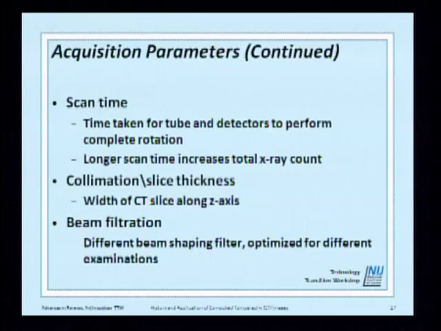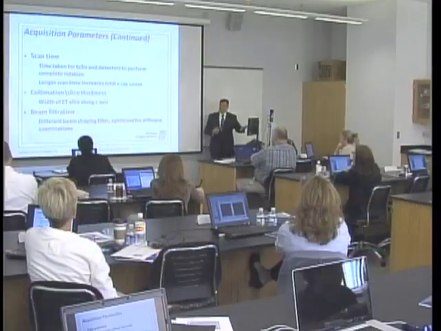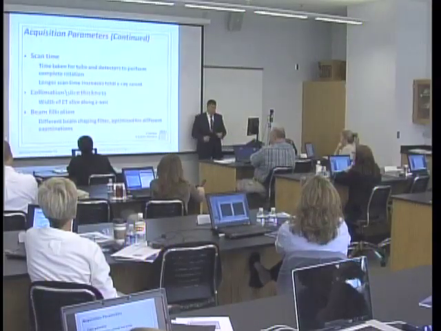And then, of course, beam filtration, which uses different beam shaping filters optimized for different examinations. This is one of the proprietary areas between companies, which can say, I'm going to do a scan for you for musculoskeletal, or I'm going to do an abdomen scan. They have different parameters, and it's not easy to know from one machine to another.